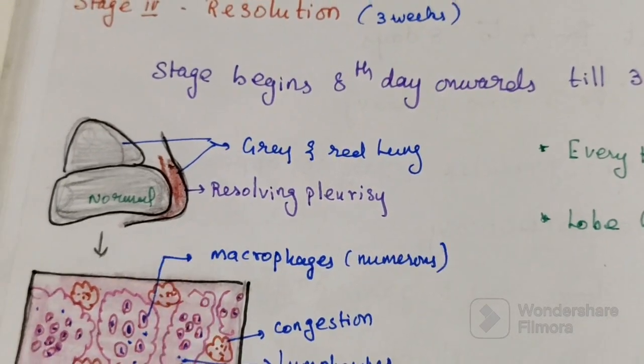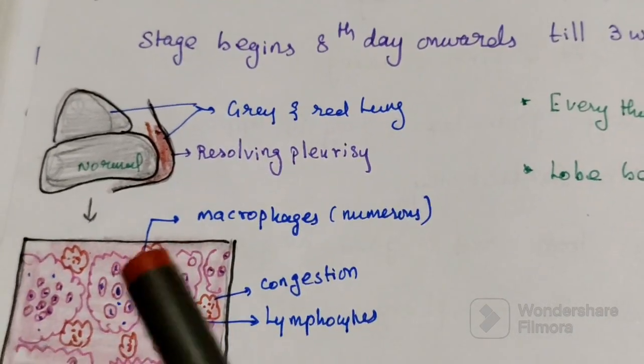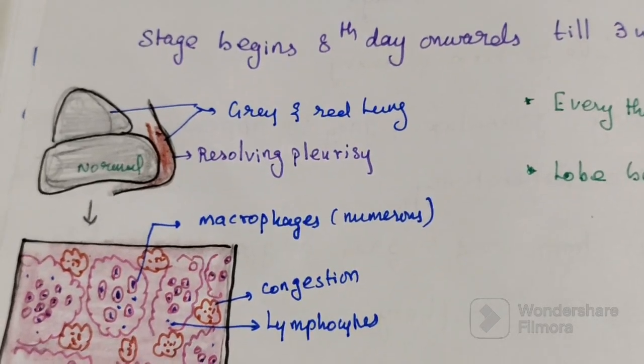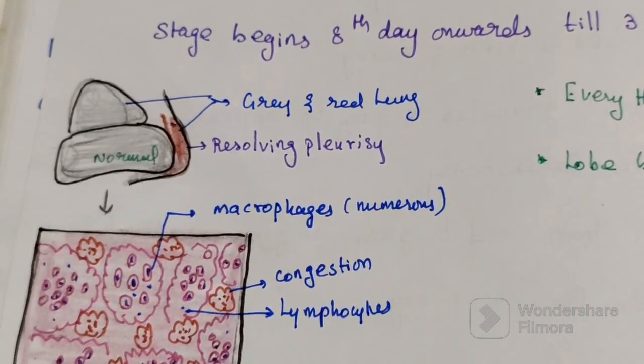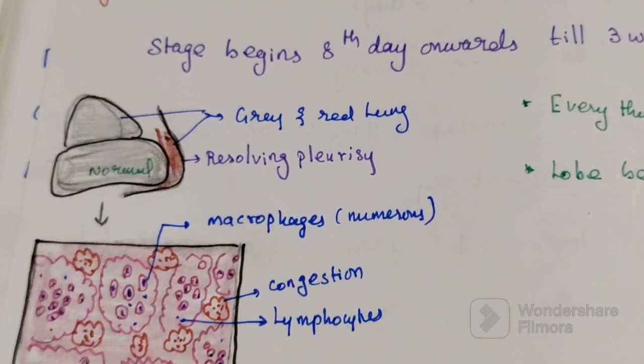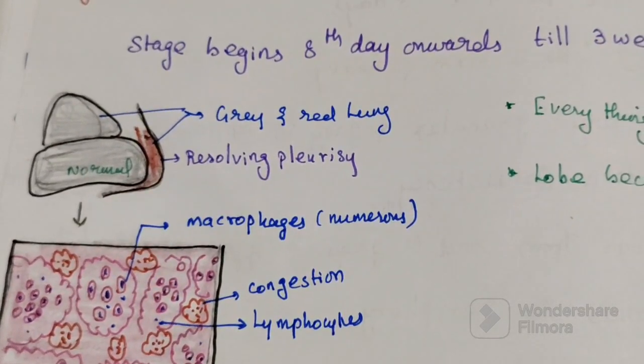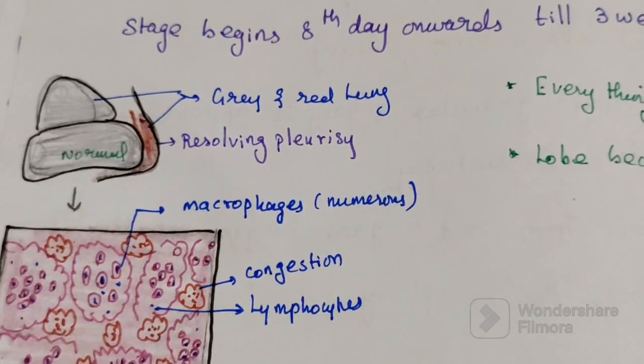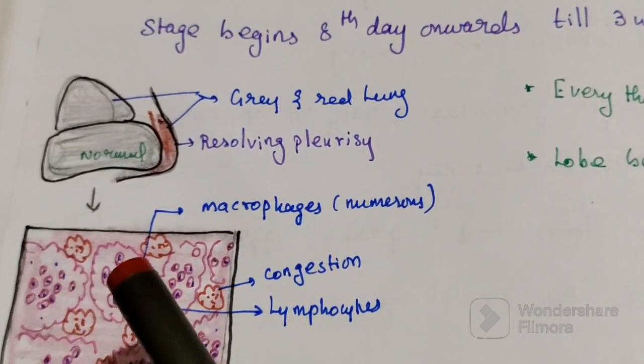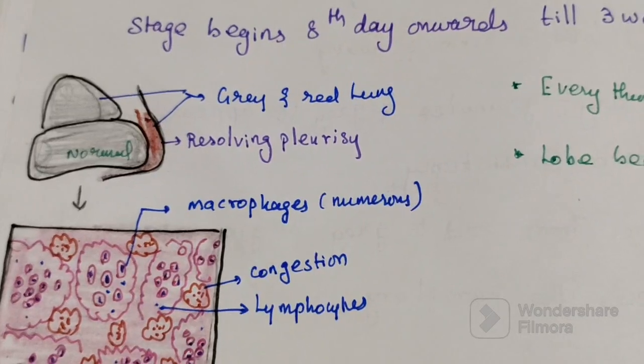This is lobar pneumonia. Macrophages will eat everything, and the macrophages also disappear. Compared to the third stage, here only a small amount of macrophages is present. The alveoli become free, so air will come in again.